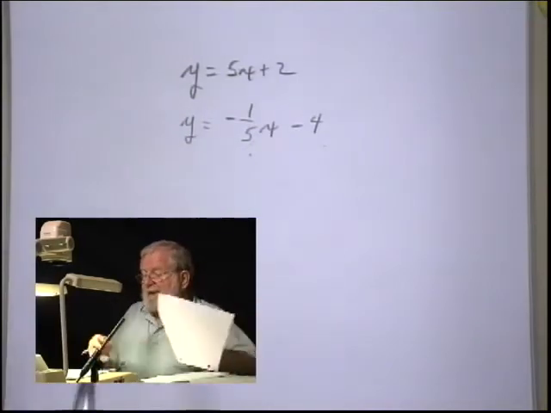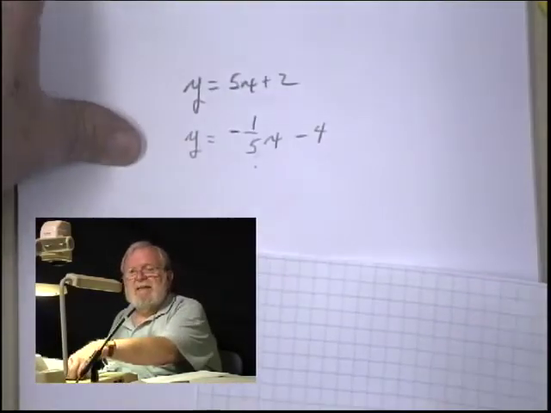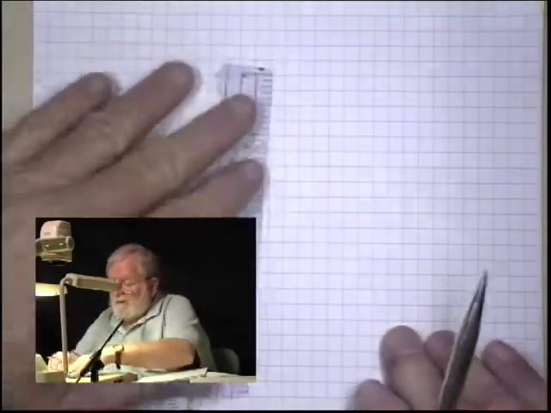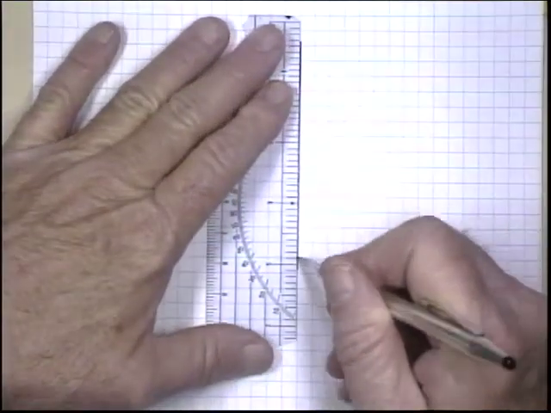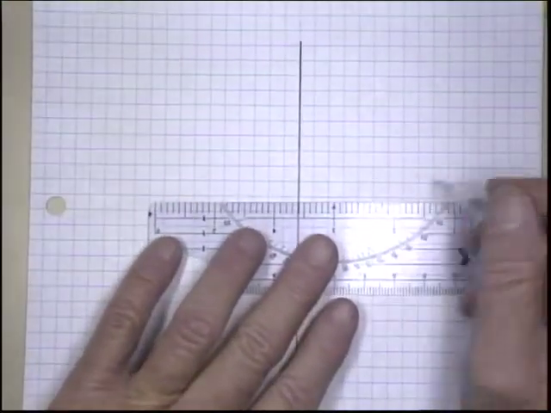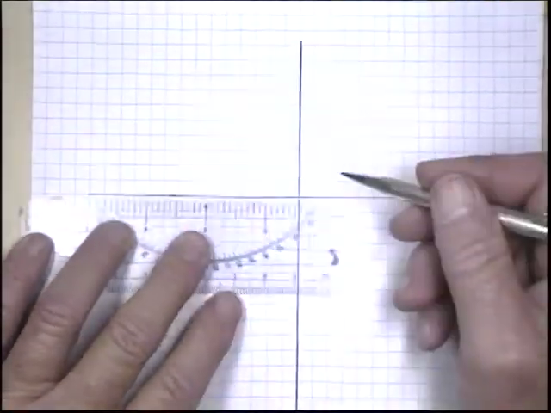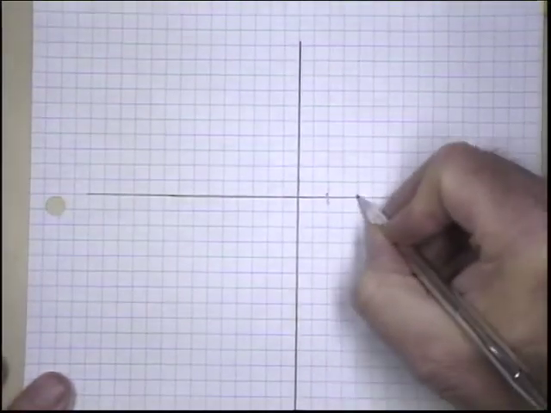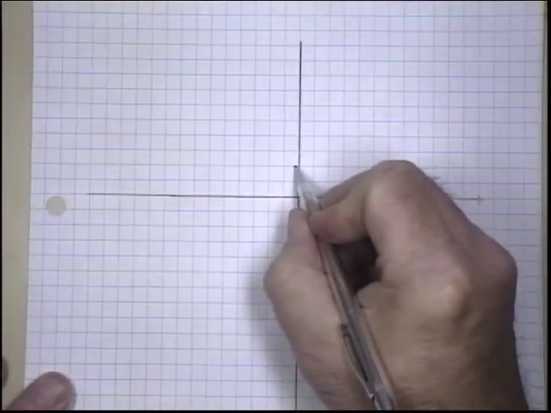Notice these are already in slope-intercept form, so we don't have to manipulate the equation any to get it into the right form. So we'll draw our coordinate system here. I'll count each one as a half. Each of these little increments is 1/2 of 1 unit.